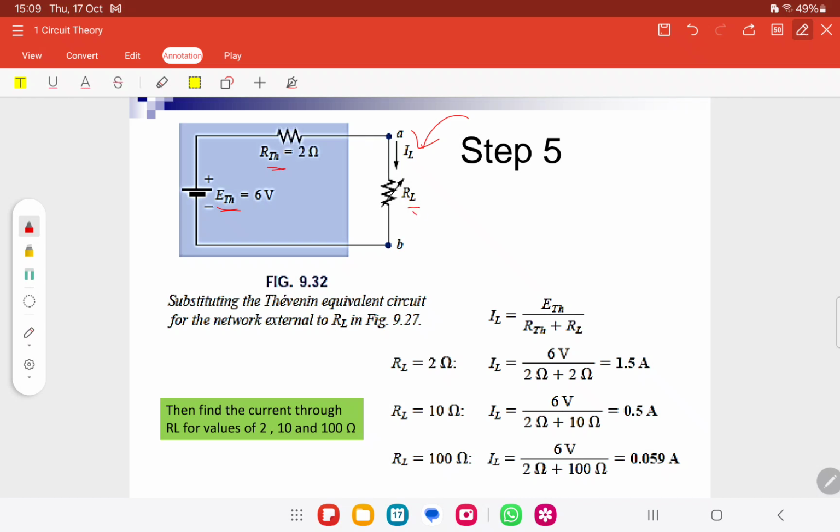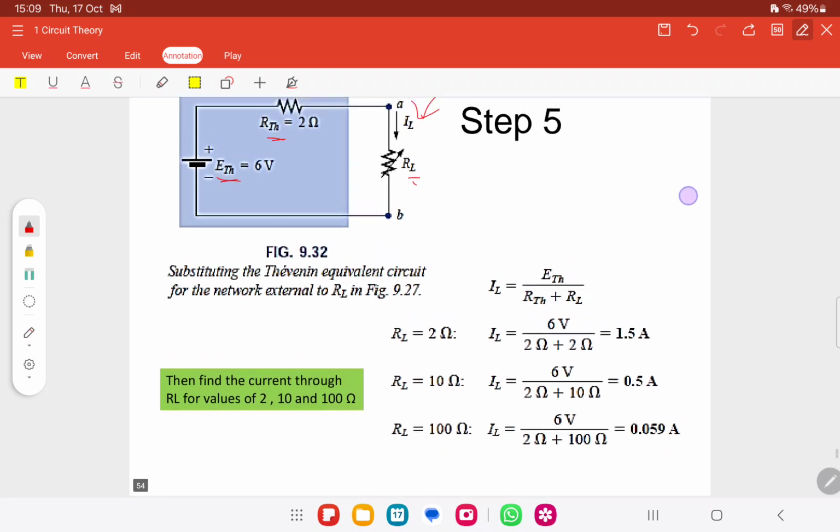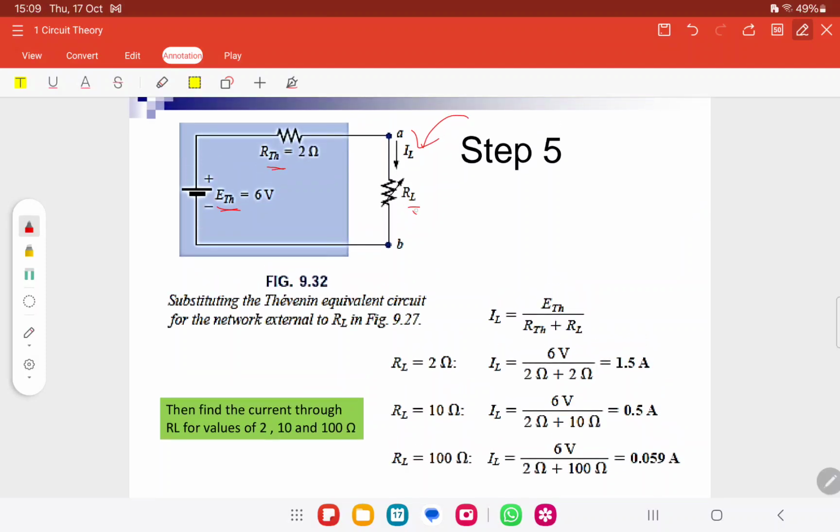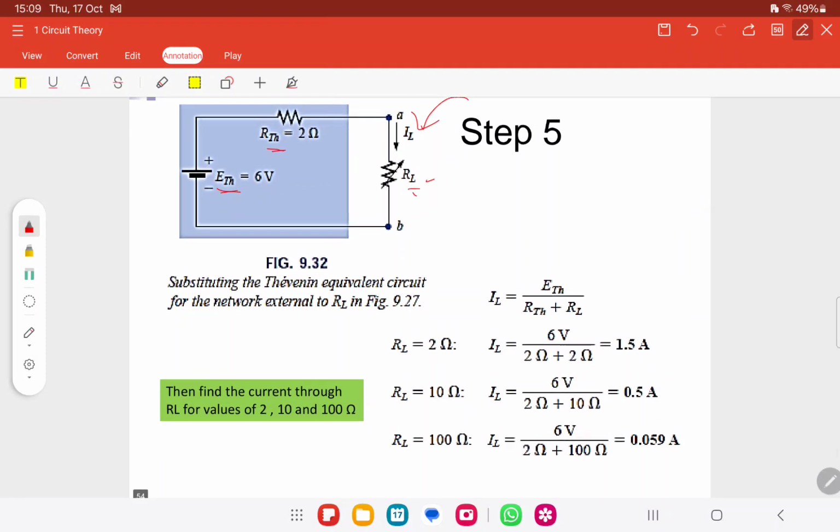Okay, gantikan semula komponen tu. So this one dia just nak tunjuk since RL is the variable resistor. Kalau RL is 2, IL dia berapa? Kalau RL dia 10, ni berapa?